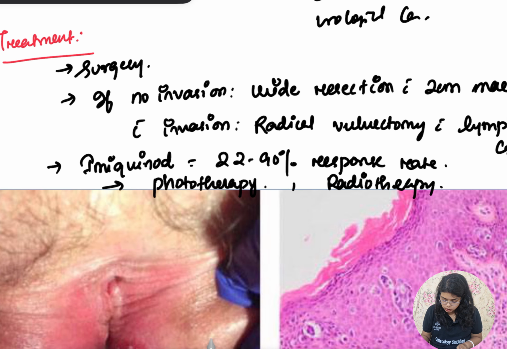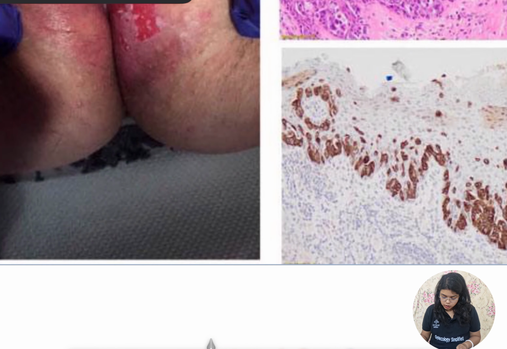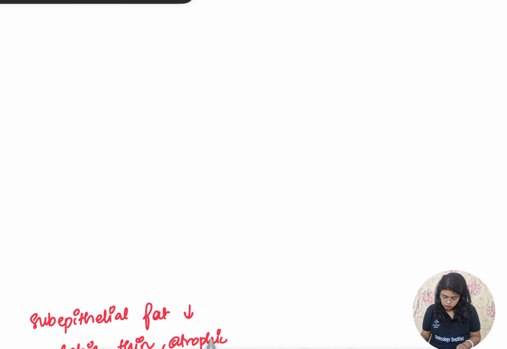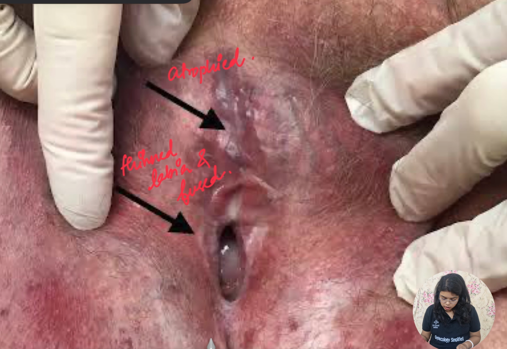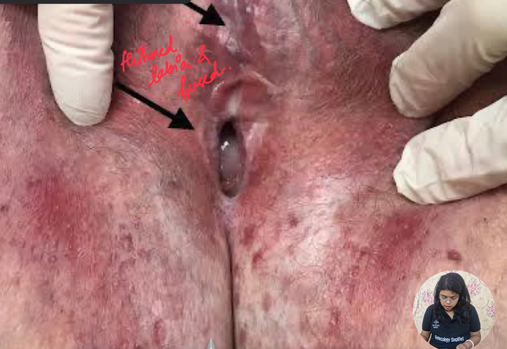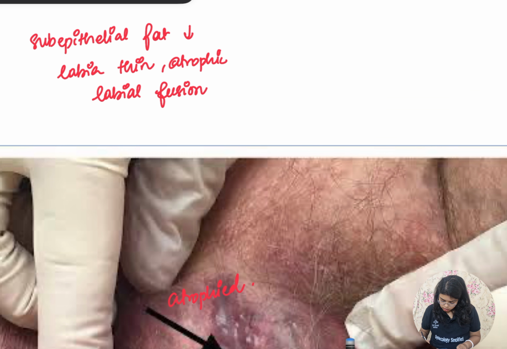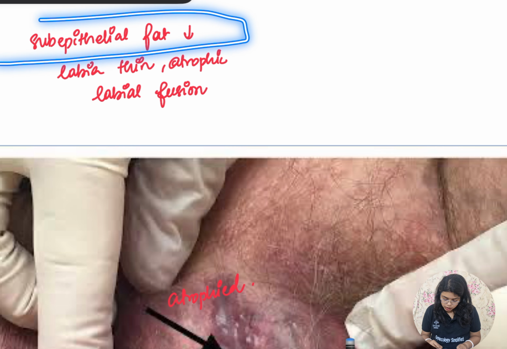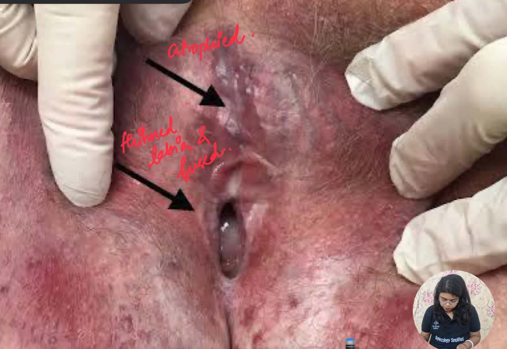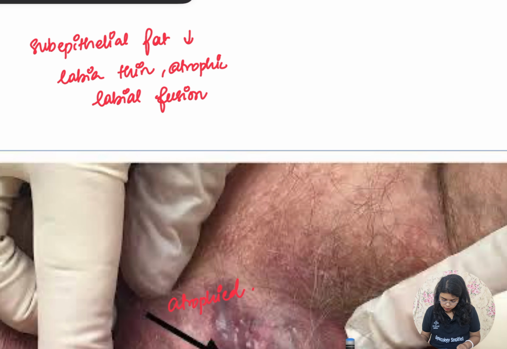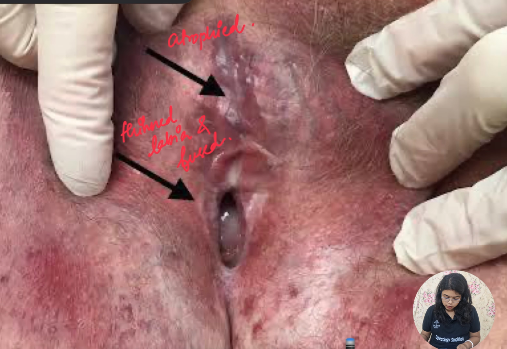So what is the differential diagnosis? The differential diagnosis is a condition called lichen sclerosus. What happens here? Here the subepithelial fat is decreased, and the labia is thin, atrophic, and there is fusion of the labia.